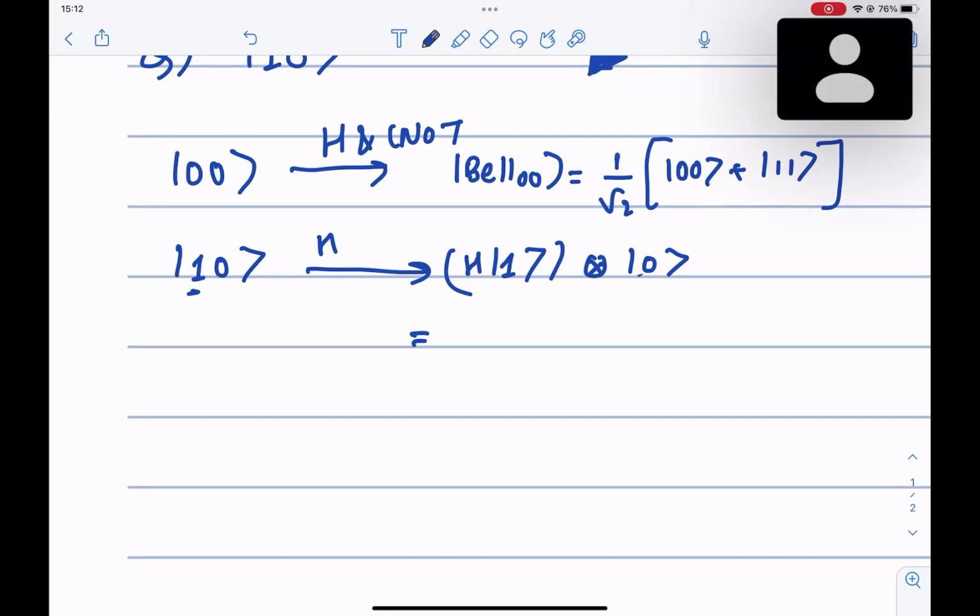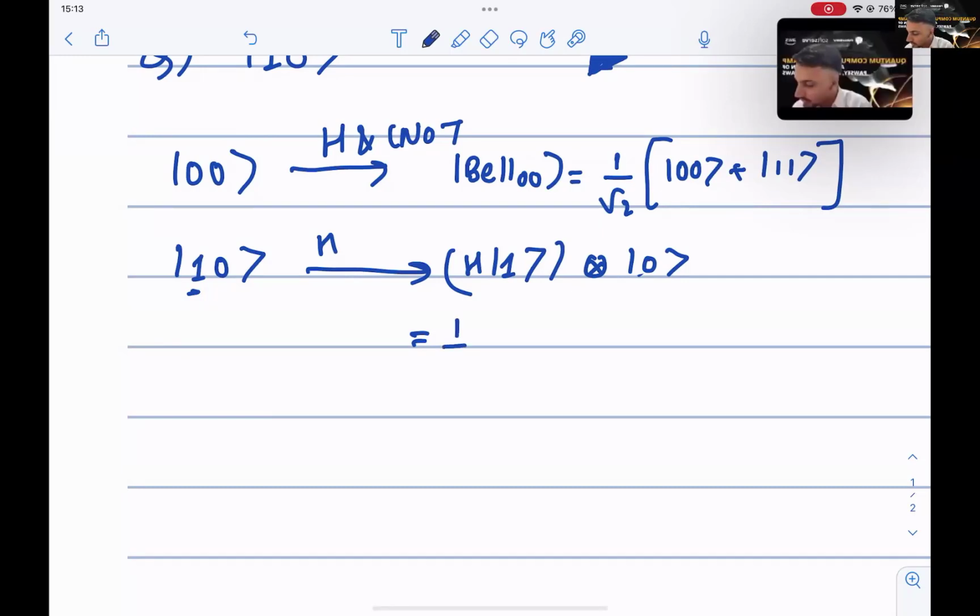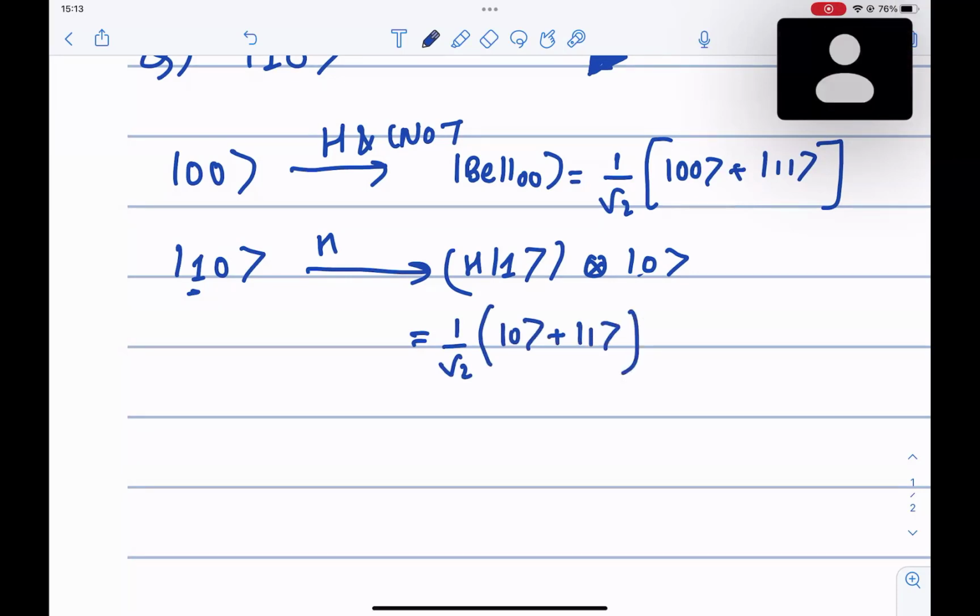It goes into superposition. It goes into equal superposition. That's 0 plus 1 over root 2. Okay. So is it something like this? Is it? Yes. Okay, thanks a lot for your response.